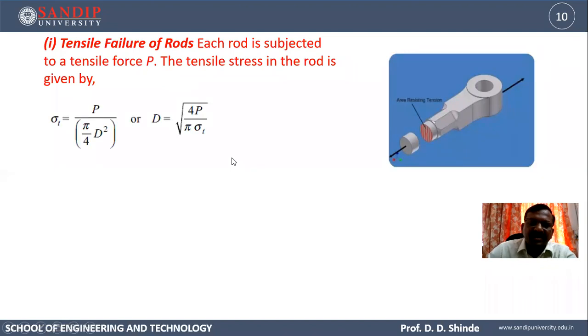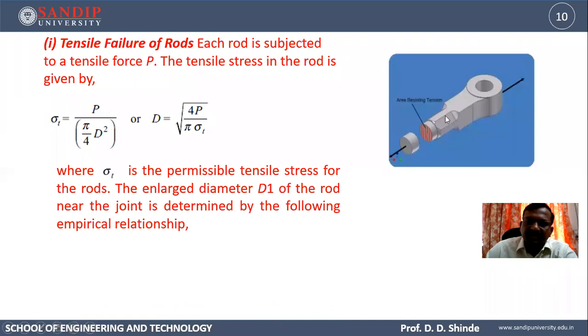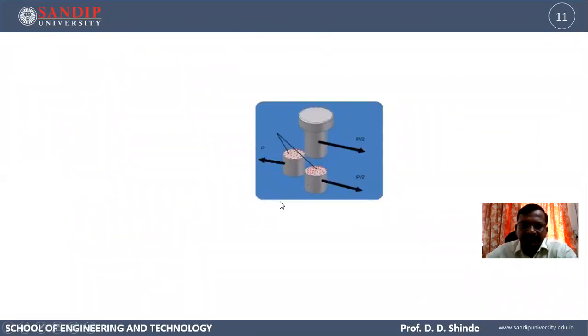The cross sectional area will be pi by 4 D square, where D is capital D, the diameter of the rod. With this you will get the diameter of the rod. Then the extended area, where you can see the hexagonal type of figure, that is D1, which will be calculated by the empirical relation, D1 equal to 1.1 times D.